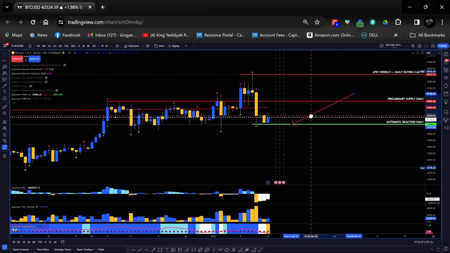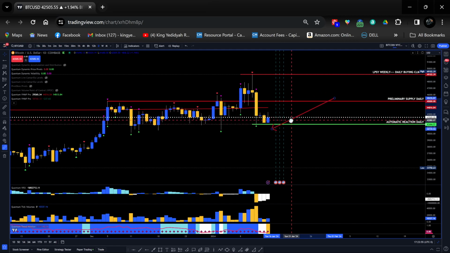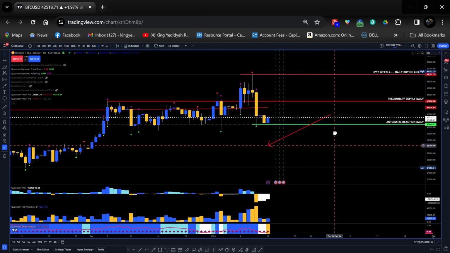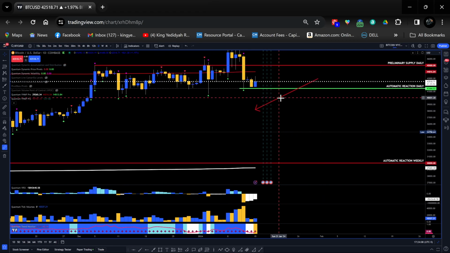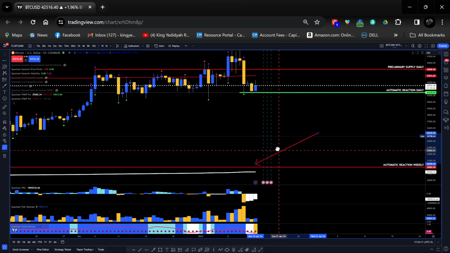I'm thinking the safest bet would be to see the follow through for the sellers. Let's see where they break down to. Try and get a little pullback that doesn't come back above into the range. And I could take a sell somewhere around here, and I'm thinking we could probably get back to VWAP, or this automatic reaction on the weekly here at 30,000.